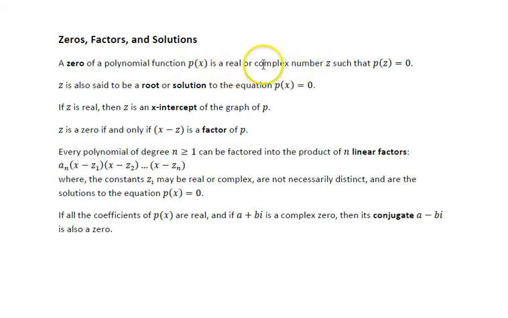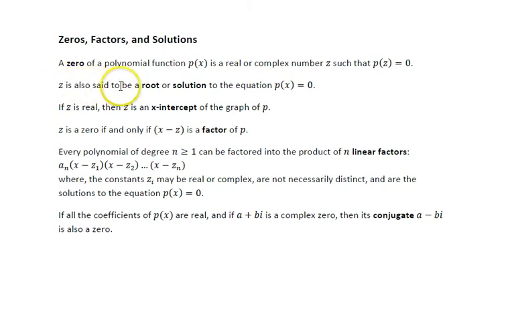And when we say real or complex, we mean a real or a non-real complex. Just for shorthand, we just call it real or complex. So it's a real or complex number z such that p of z equals 0. When you substitute it in as the input to the polynomial, the output is 0. That's why it's called a zero.